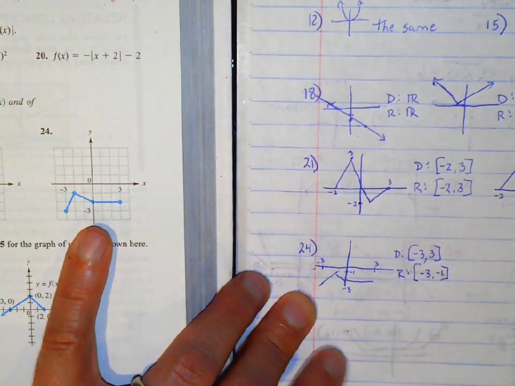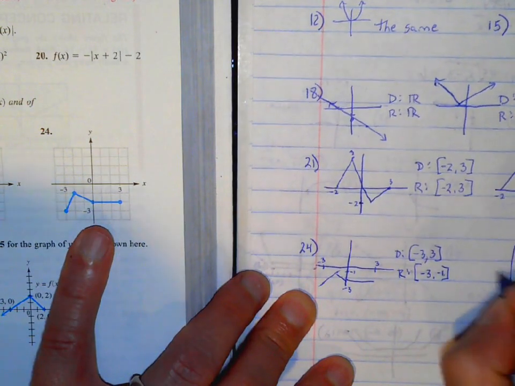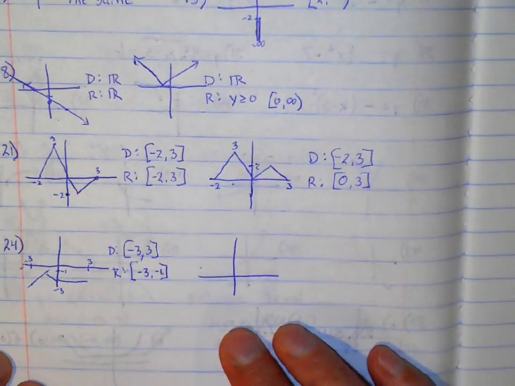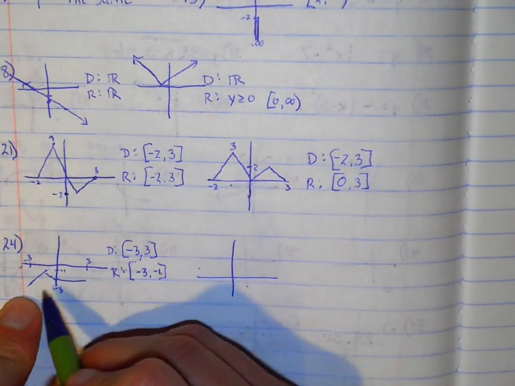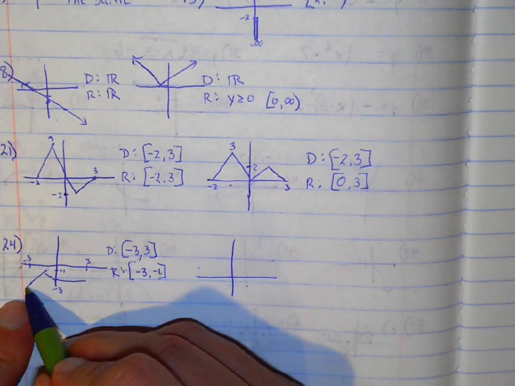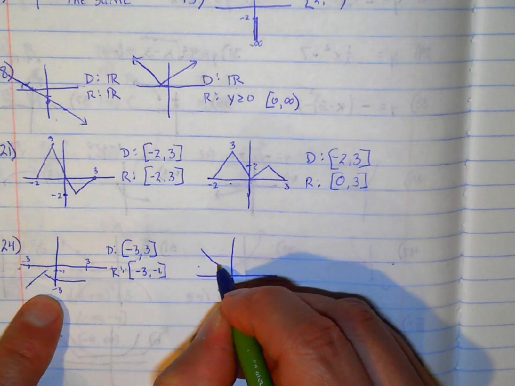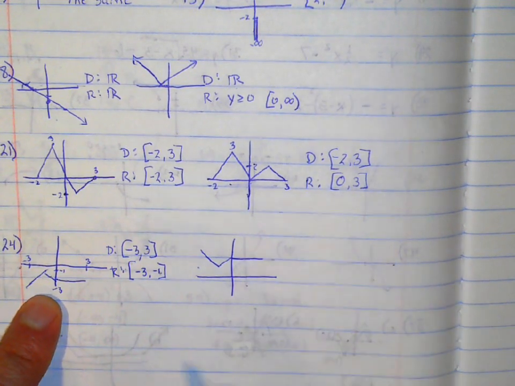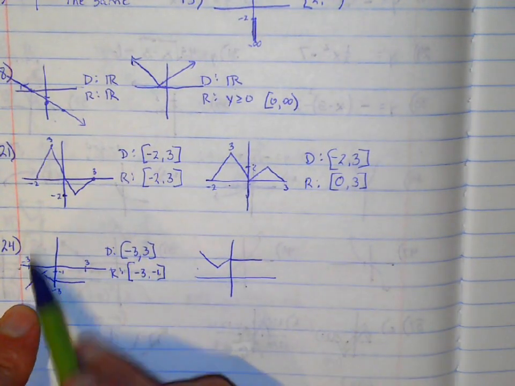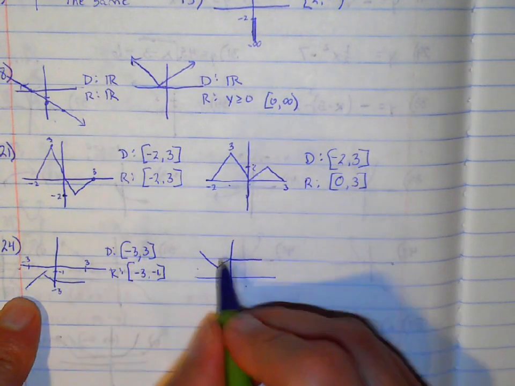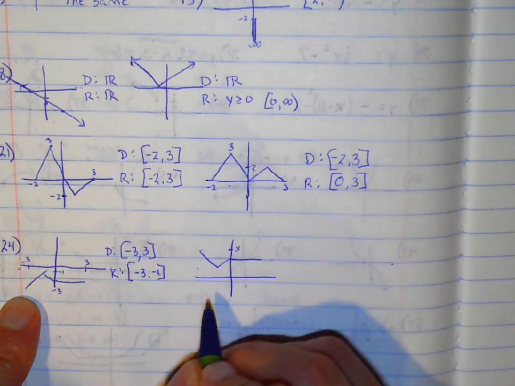Now the other part of it. Anything that's negative, so if this is at negative 3, the output of it would be a positive 3. So basically it looks like this, because anything negative is flipped up to be positive. This is down here at negative 3, so the top here is going to be up at positive 3.